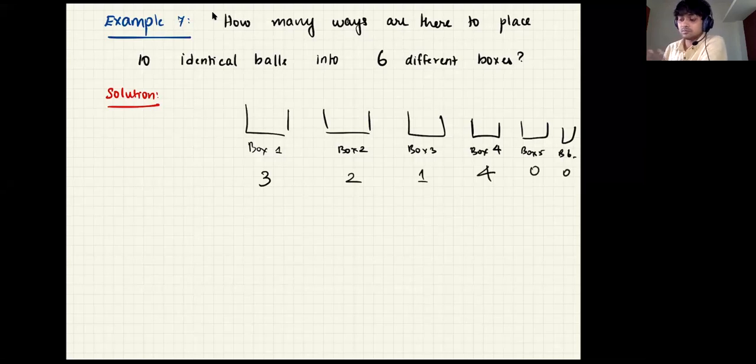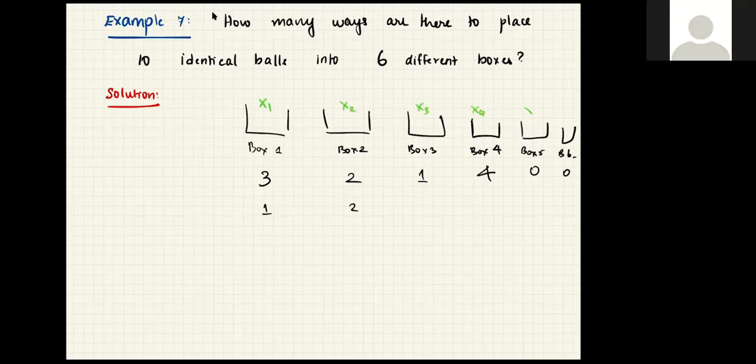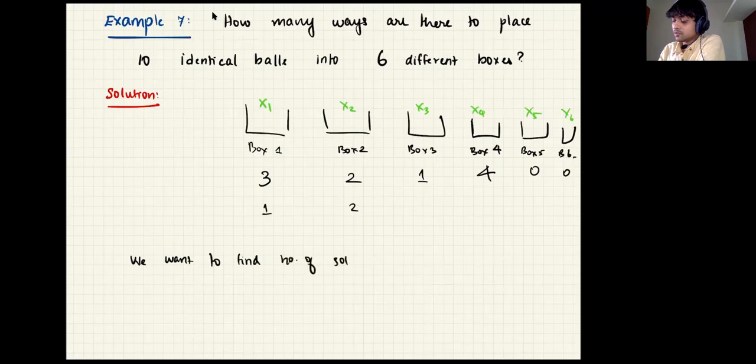Or I can do 1 here, 2 here, and so on, such that the sum is 10. So in general, if I say there are x1 balls here, x2 balls here, x3, x4, x5, x6, I want to find the number of solutions to x1 plus x2 plus x3 plus x4 plus x5 plus x6 equals 10.